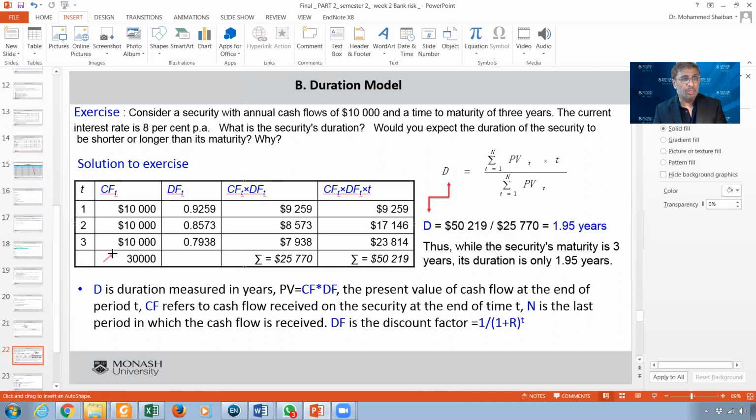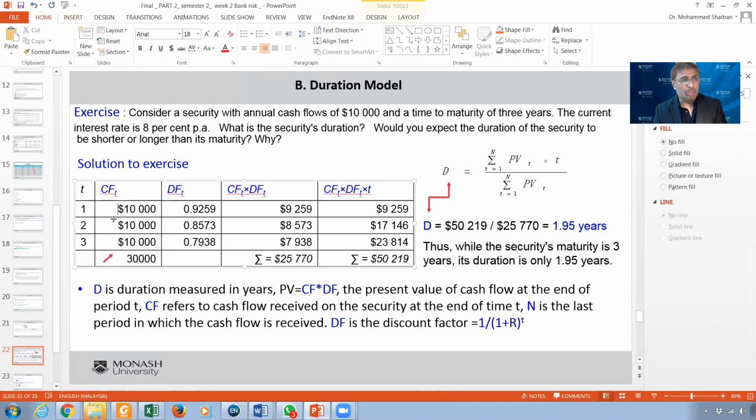You have to take the payments, which are year 1, year 2, year 3, and discount them. This is the discount factor of year 1, year 2, year 3. And this is the cash flow times the discounting factor, which makes it 925 for year 1. This is the present value of the first payment, the present value of the second payment, the present value of the third payment. Add them up.